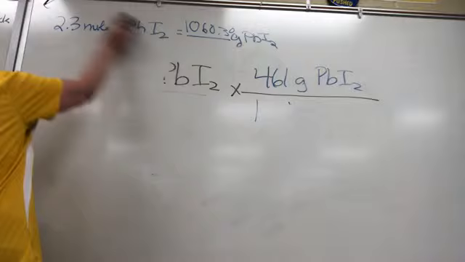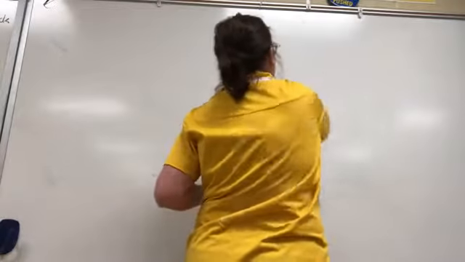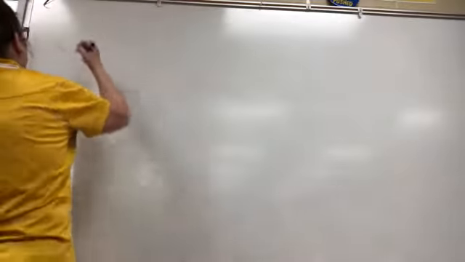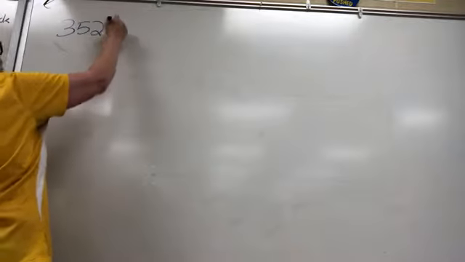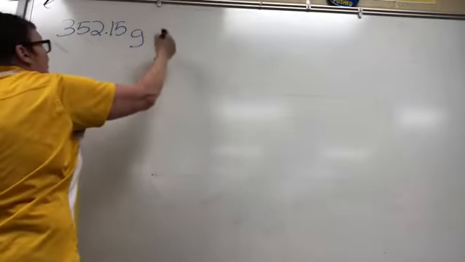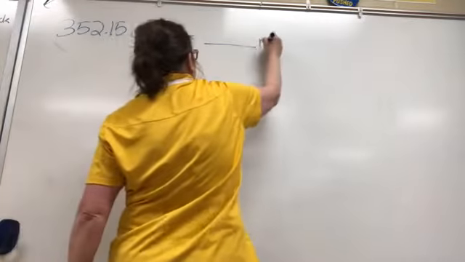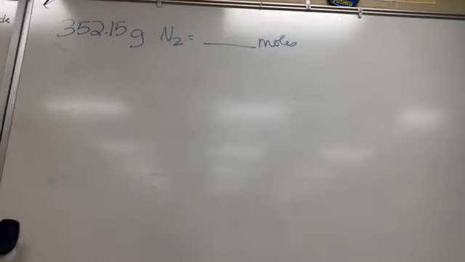Now if I went the other way, okay, and I said, okay, you've got 352.15 grams of nitrogen. How many moles would that be? A lot. So what's the first thing I write down, Tim? Given. What's my given up here? 352.15 grams.